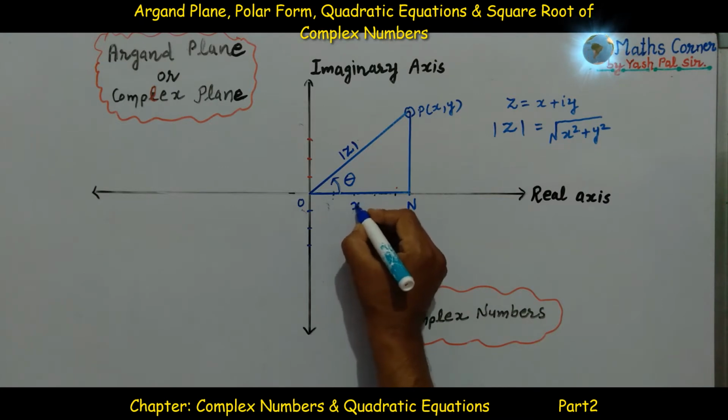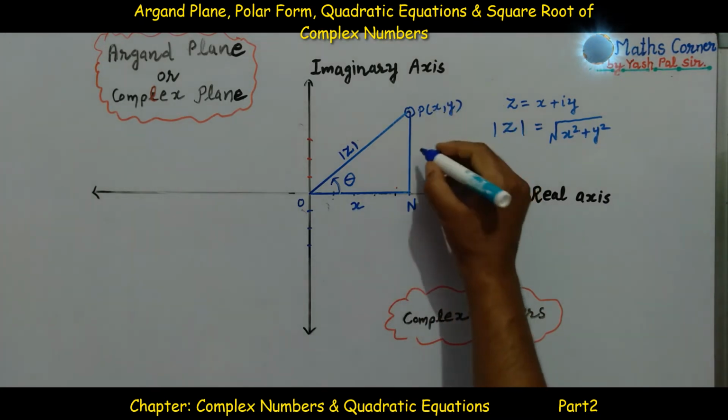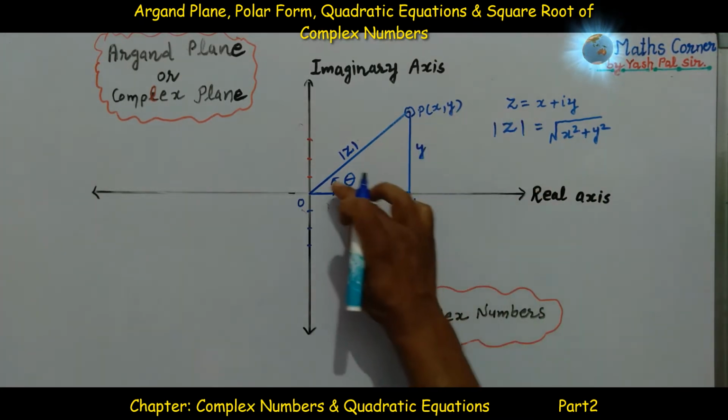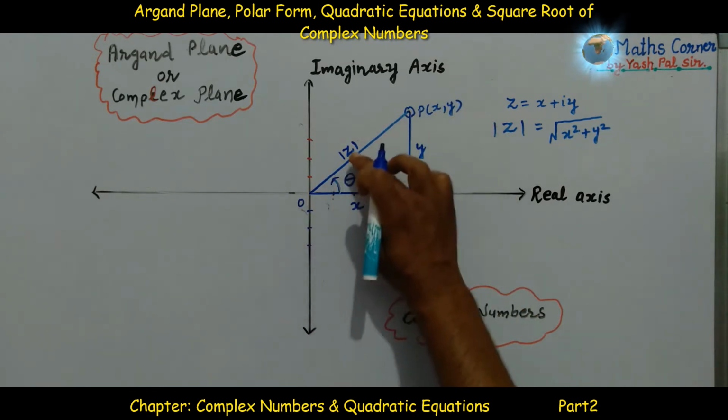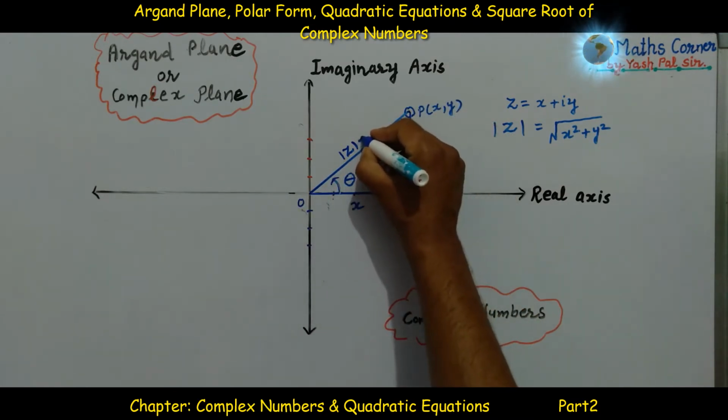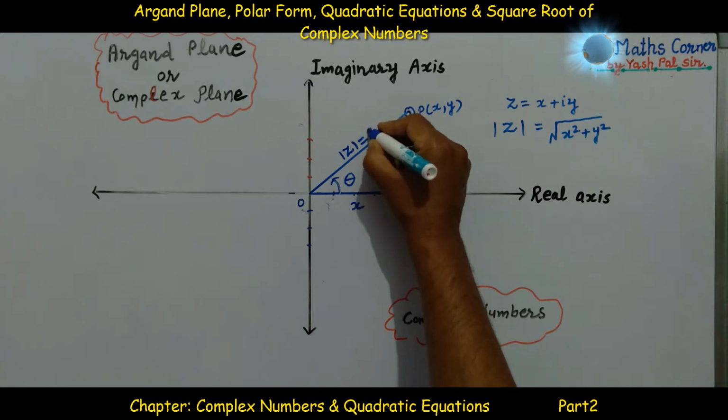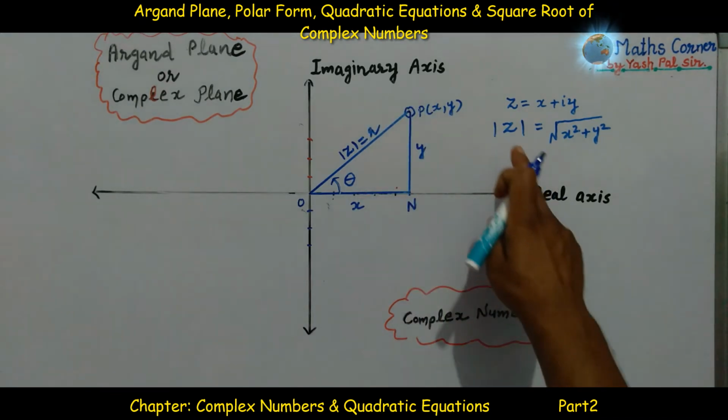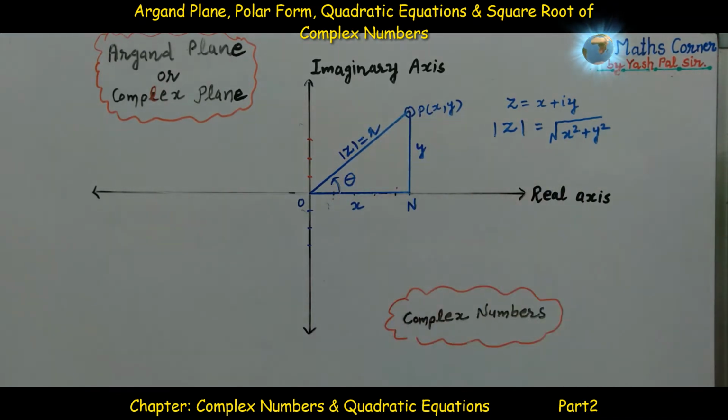This is x. What is NP? This is y. And this is the modulus of z. In simple words, we say this as r. r is the symbol for the modulus of z. Now what happens?